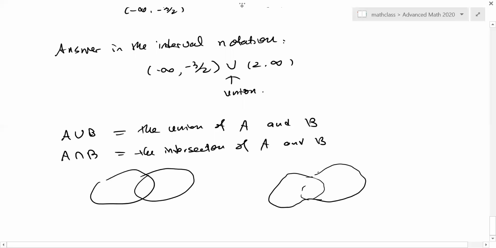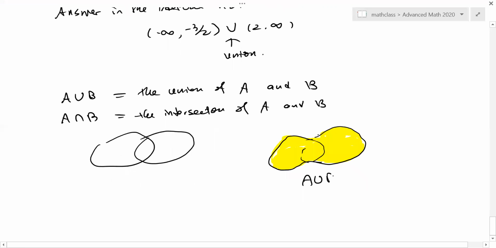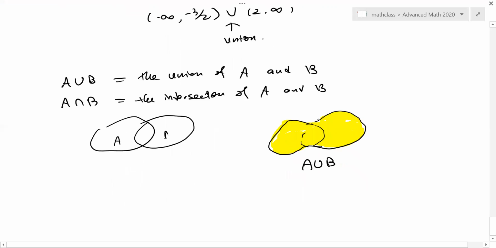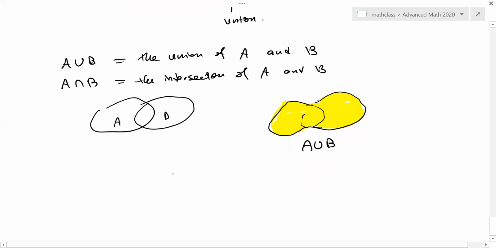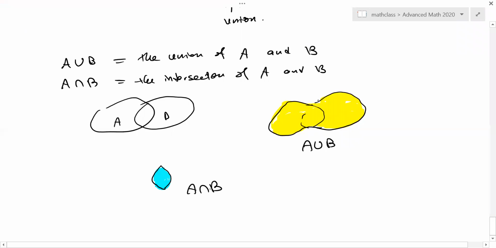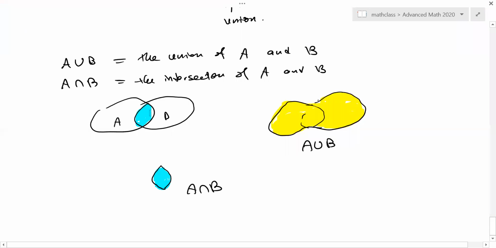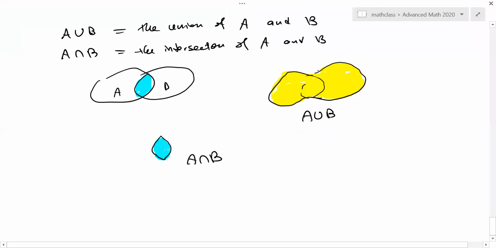This will be the union of the two sets, A and B. And the intersection will be this part. That is A and B, the intersection part. Those are the notations we should know.